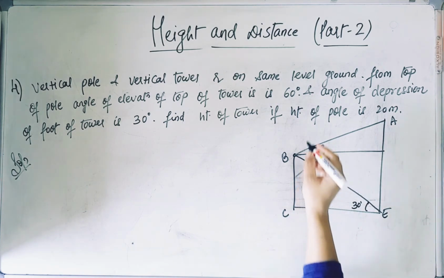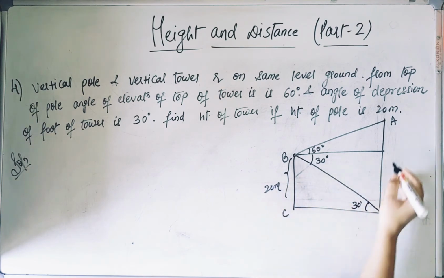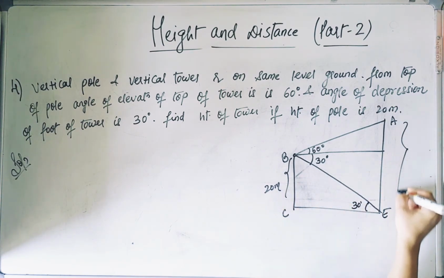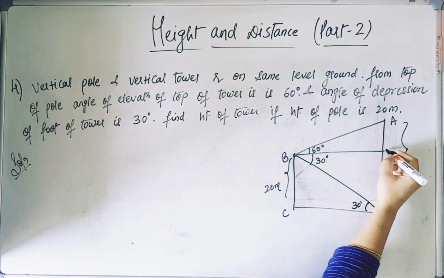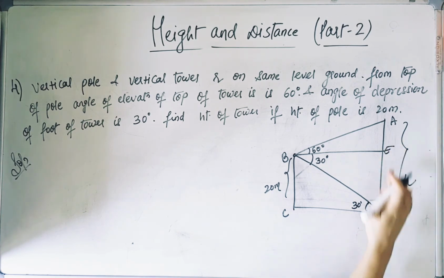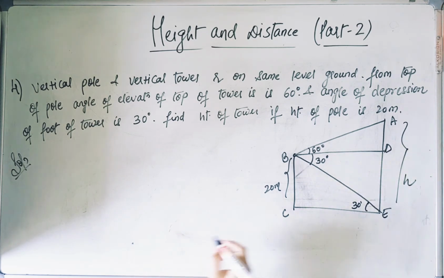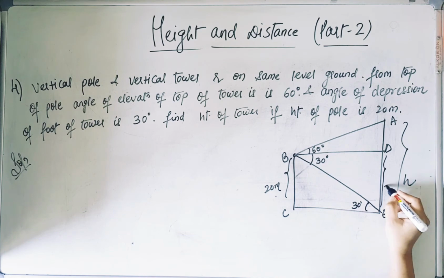Now they have told that the height of the pole is 20 meter. This is 20 meter. We have to calculate the height of the tower. That means we have to calculate this h. Now we'll solve it. So I'll consider this point to be D. So first of all, as this is 20, this will also be 20.